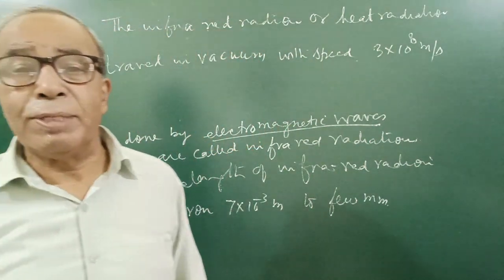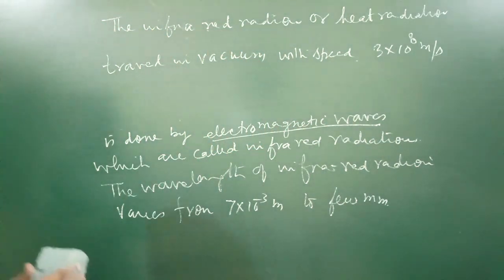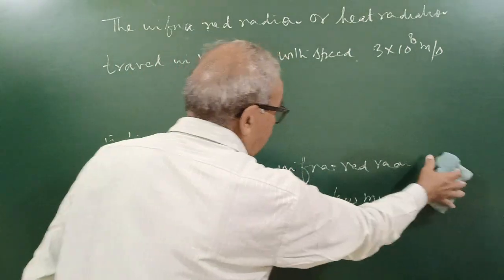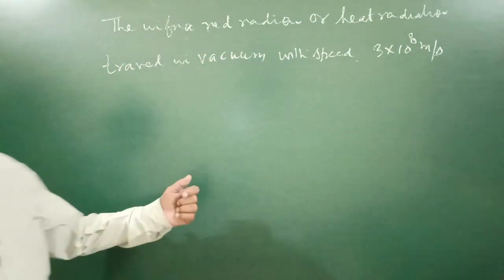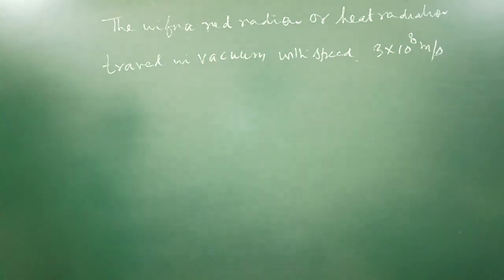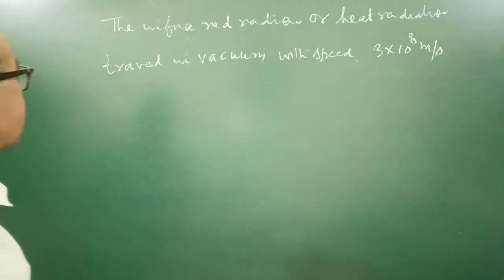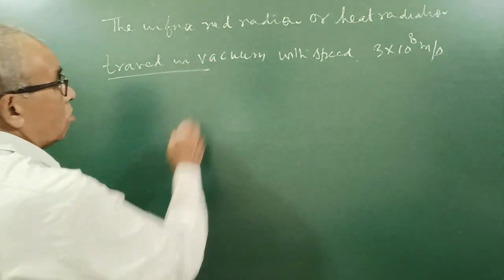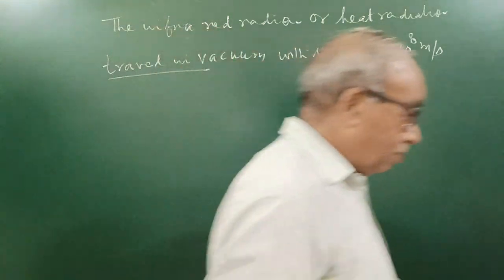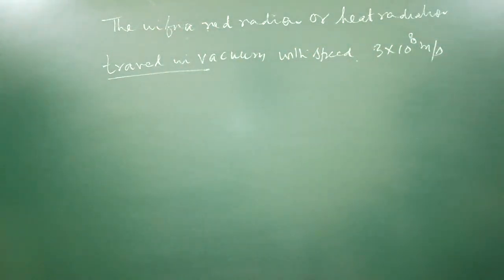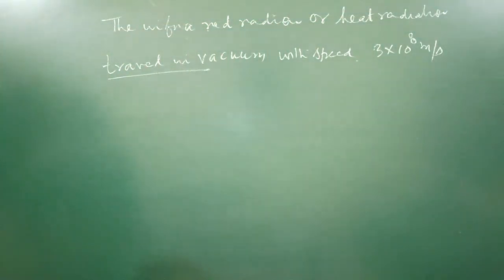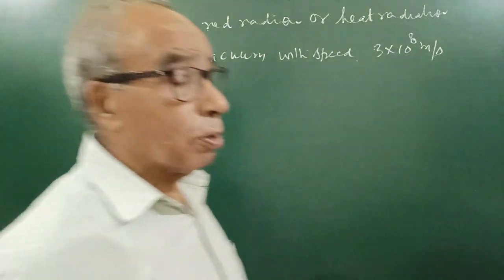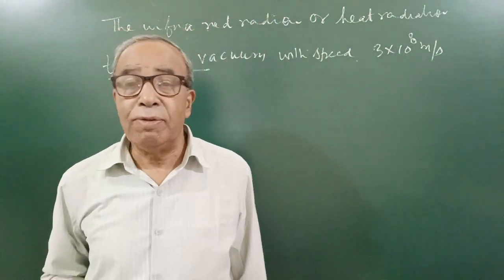Actually, all radiation, light wave, electromagnetic wave, ultraviolet, microwave, all travel with the same speed in vacuum. So heat transfer from the sun takes place through electromagnetic waves. Electromagnetic waves do not require a medium for their propagation. That's why we are saying like this.